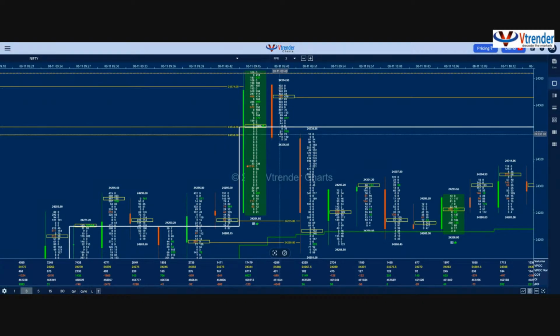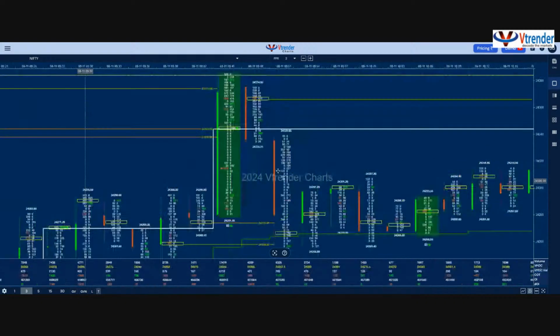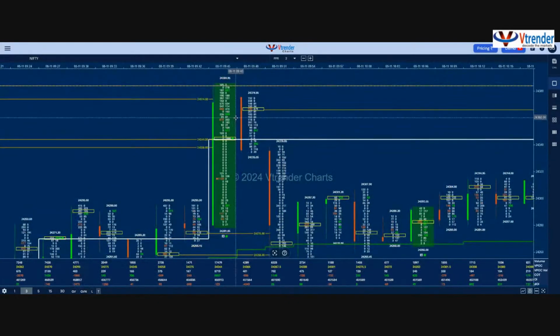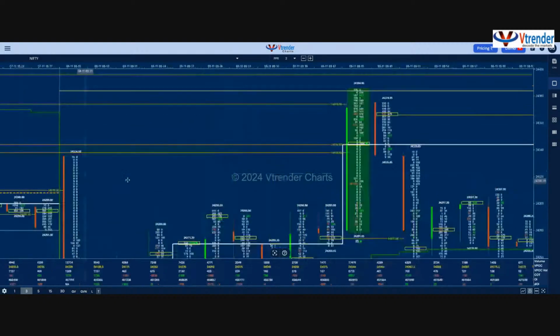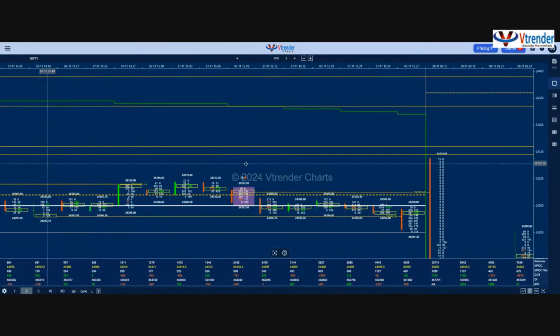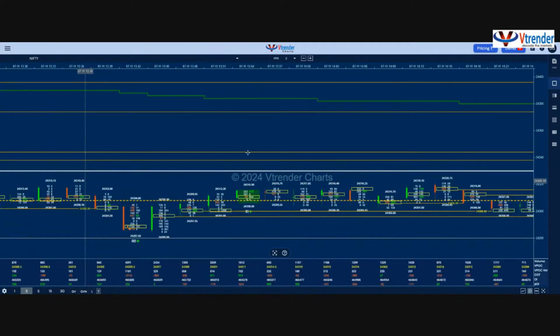But then the sellers came back and they broke below this POC and even negated this IB bar. So once this was negated, the auction was again looking for more downside with this as our reference. And this 24385 you can see is the IS high of the order flow IS signal we saw.